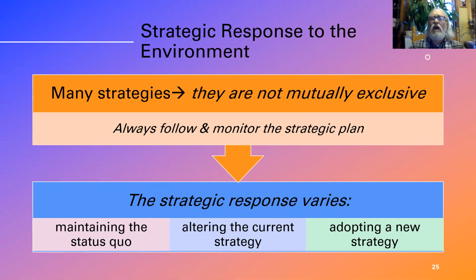It's either we gather information weekly, daily, monthly, and all of that, and we're constantly, as managers at different levels of responsibility, deciding, do we maintain the status quo? Do we alter that current strategy? We like to avoid the third choice here, adopting a new strategy, because that means we're off track, that the information we've gathered and analyzed says, wow, things are not going right.